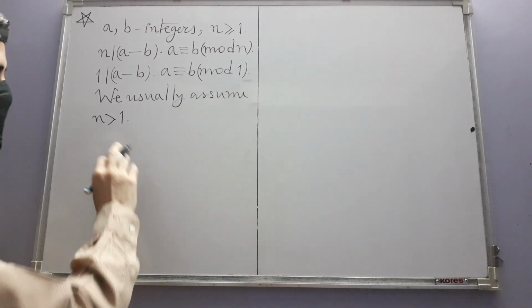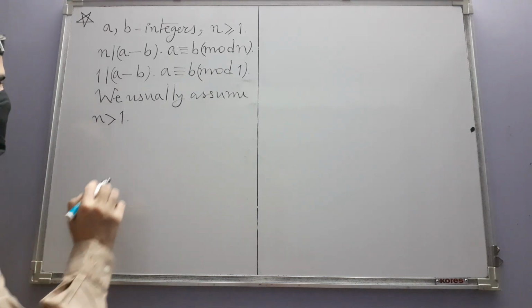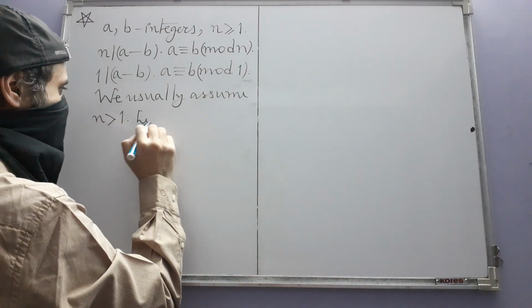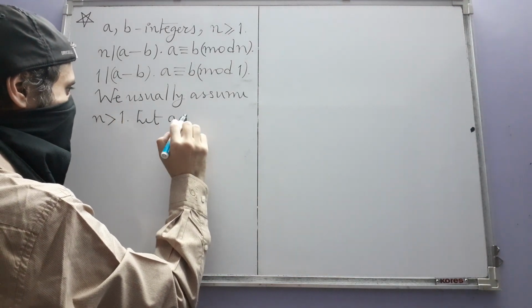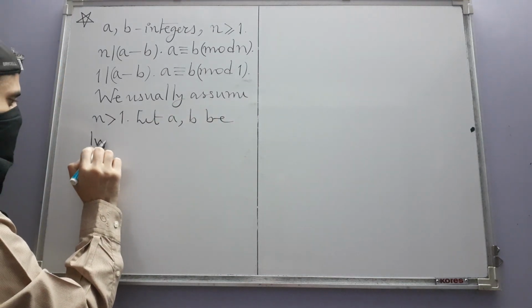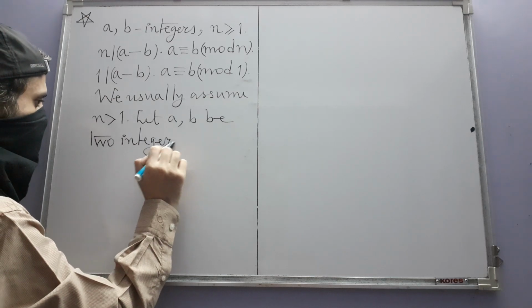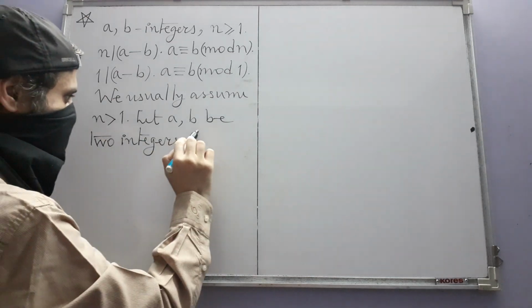So let's see what congruence modulo 2, what type of relation it is. Let a and b be two integers.